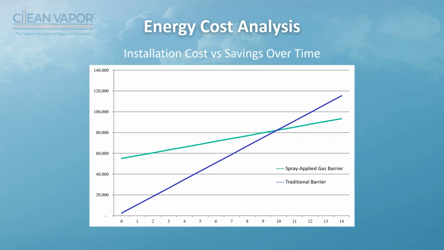So what this looks like is maybe there's some more money on the front end to do it right, but you hit year 9.5 through 13 someplace. Those savings are all going to come back to you, and you're going to be in positive cash for the entire lifespan of the building. Not only are you going to have better protection, but you're going to get better ROI on your money, which is really important if you're in the investor component of this.